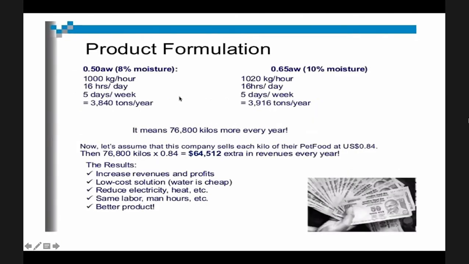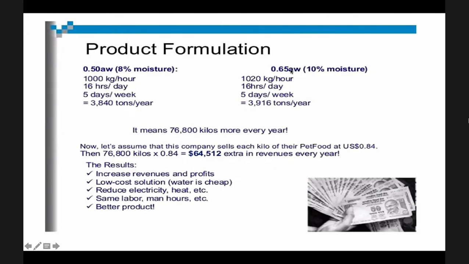So take a look at the cost of the formulation. At 0.5 water activity with an 8% moisture, they can produce 100 kilos per hour, 16 hours a day, and 5 days a week. The total volume of production in a year is 3,840 tons.